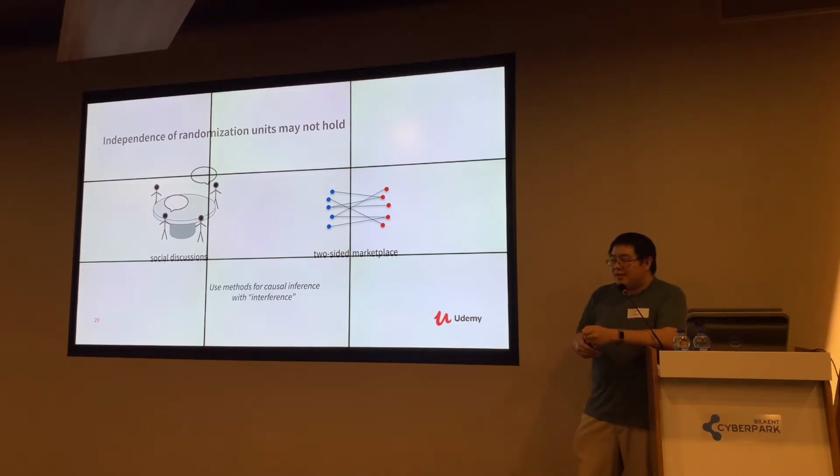If one student gets matched with a particular tutor, then perhaps that tutor is now no longer available for other students in the marketplace. And so again, an intervention that happens to one student that encourages that student to match up with this one particular tutor now has a side effect on other students, right? These types of side effects lead to something called interference. And in order to do proper causal inference, you actually have to change the methods that you use to be able to deal with this interference. So it makes things much more complicated, okay?